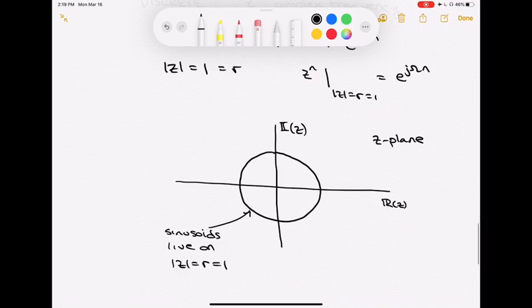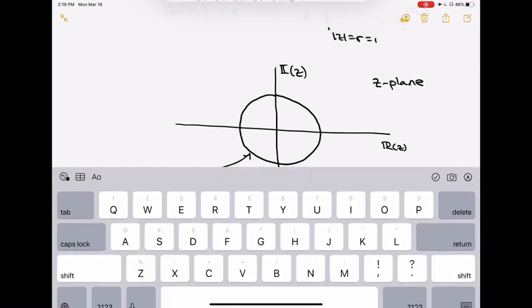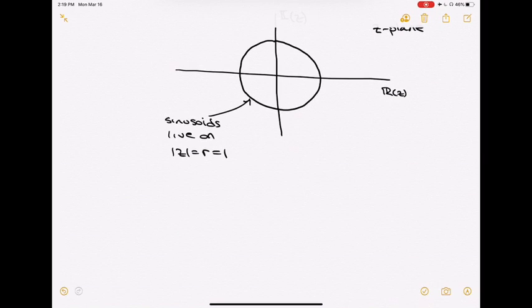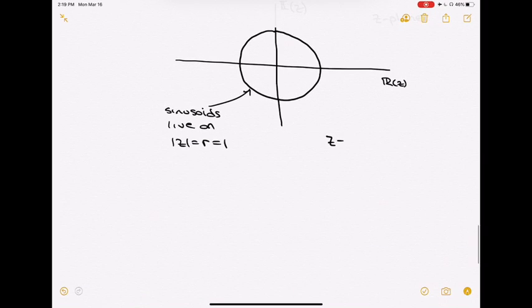A couple of cases that are pretty easy to look at would be, for example, z equaling 1. So if I go z equaling 1, we could think of that as e to the j0 with a radius of 1. Then if I have z to the n, that's 1 to the n, which is just 1. That's DC.